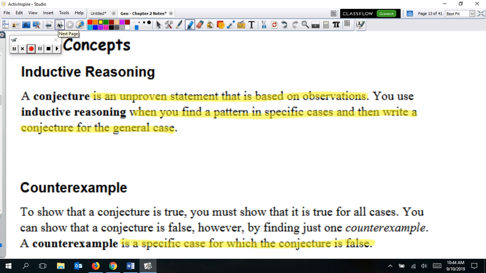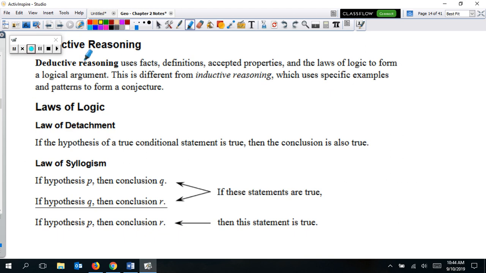Let's go to the other type of reasoning now, deductive. Deductive, like we were talking about with that diagram, had hard, concrete evidence, and so that's what it uses. Deductive reasoning uses facts, it uses definitions, it uses accepted properties, it uses laws of logic to form a logical argument.